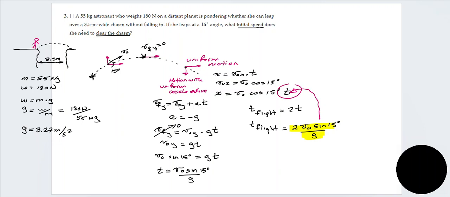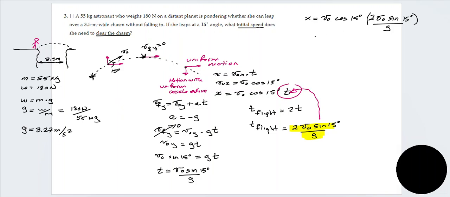So we can say now that x is equal to v sub 0 cosine of 15 degrees times t, which is 2 v sub 0 sine of 15 degrees over g.